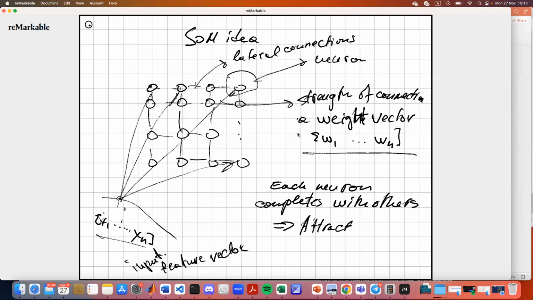Attract certain pattern of input feature activation.